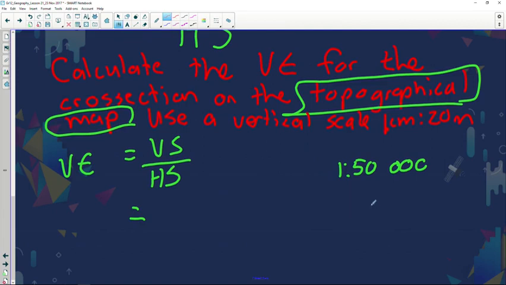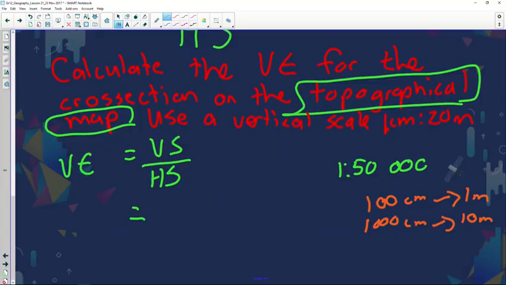There's 100 centimeters in 1 meter. There's 1,000 centimeters in 10 meters. Now, how many centimeters are going to be in 20 meters? Because we need to write according to scale. So vertical scale is 1 centimeter represents 20 meters. So am I right if I'm writing this down? 1 to 2,000. That's the vertical scale.